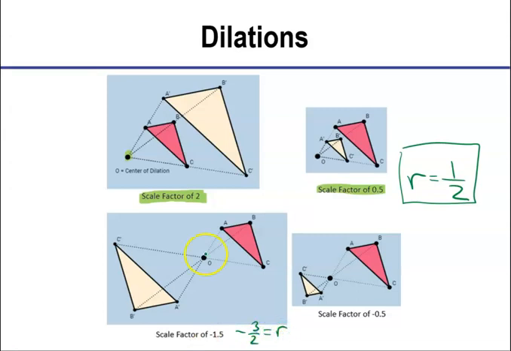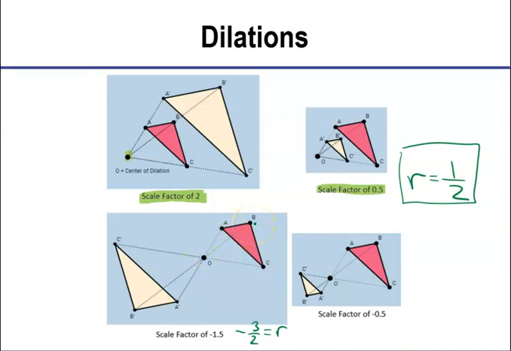Okay, so again, A, A prime, and O are collinear. They lie on the same line. So the distance from O to A here, we just call that 1. And so this is a scale factor of 3/2. We multiply this 1 times negative 3/2, and it shoots it back this direction. Again, from O to B, that's a scale factor of 1.